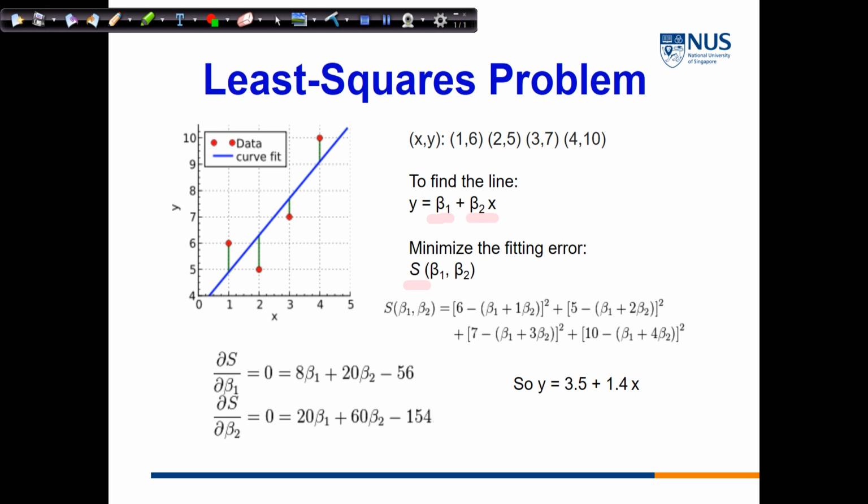This beta parameter becomes the variable in optimization, which means the values of these parameters are varied until we find an optimal point where the S value, the objective function value, is minimized. So here our goal is to vary the parameter value of beta to find the corresponding minimum value of the fitting error S.